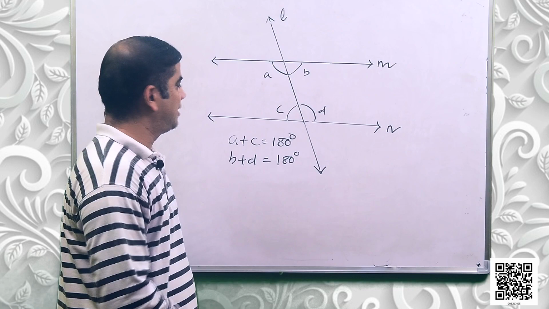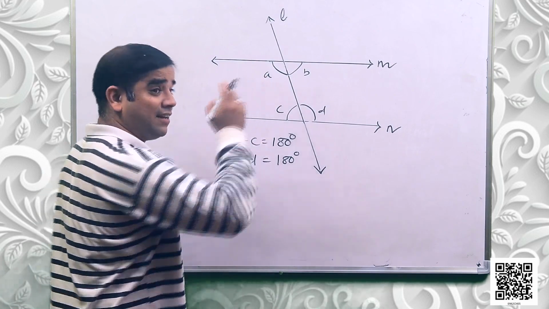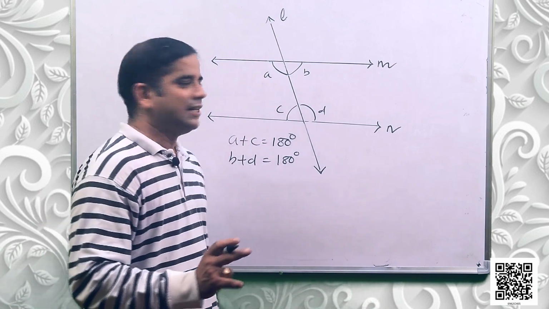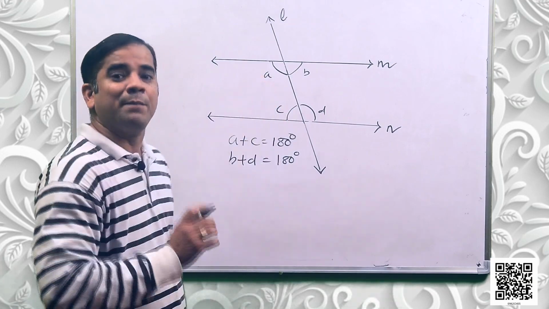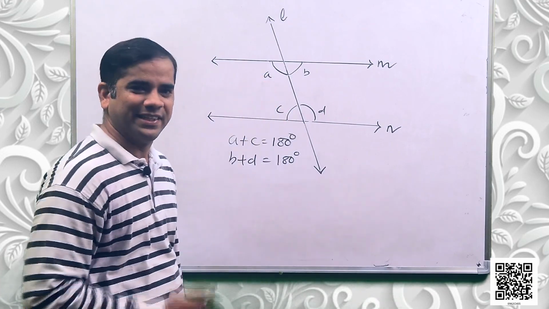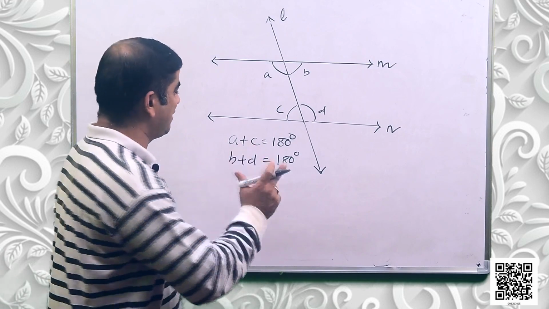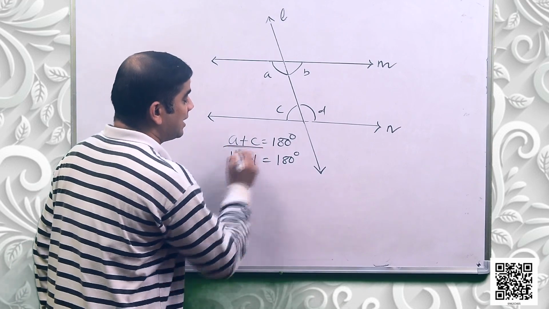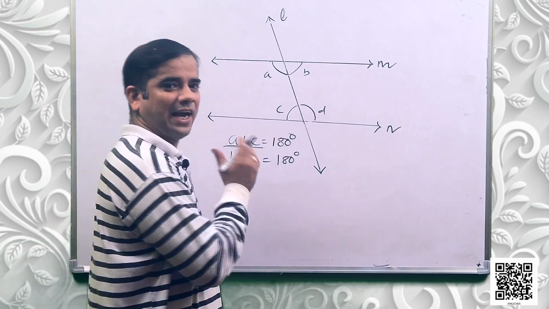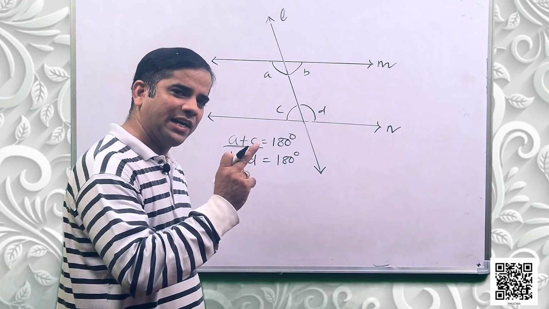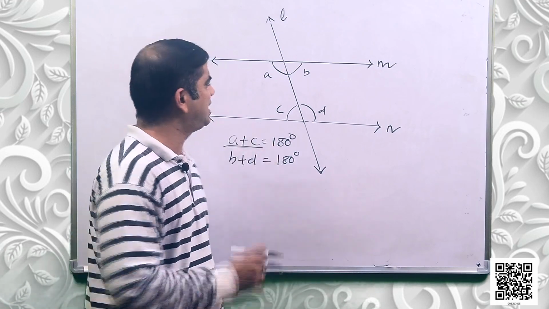As per the postulate, if the sum is less than 180 degrees, the lines will meet each other, isn't it? The postulate says if the sum of the internal angles on one side is less than 180 degrees, then they will meet each other.